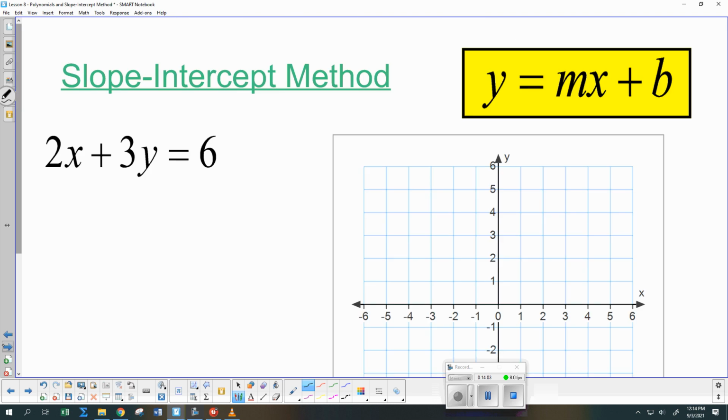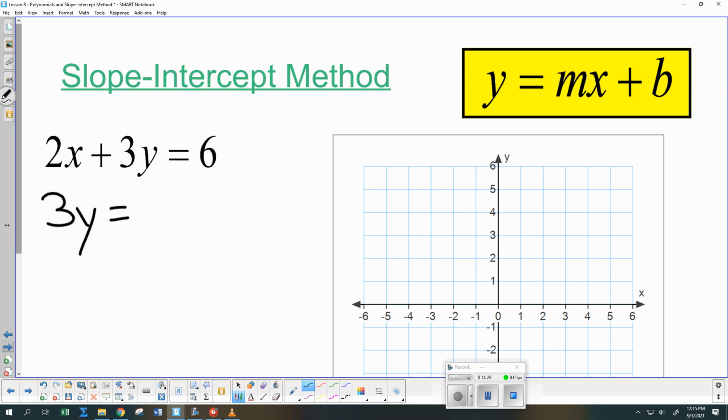So, if y equals mx plus b is our shortcut form, slope-intercept form, that means we have to get y all by itself first. So if I have 2x plus 3y is 6, I have to start by trying to get y by itself. So 3y equals, and what will 3y equal for me?